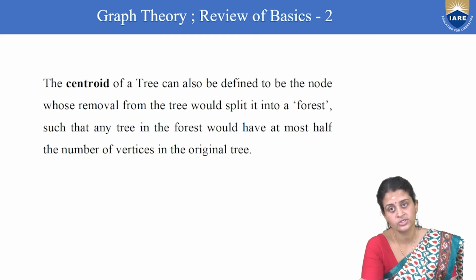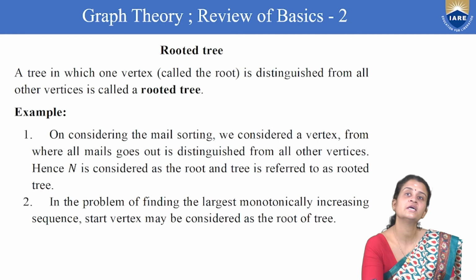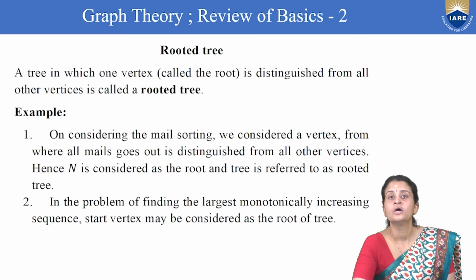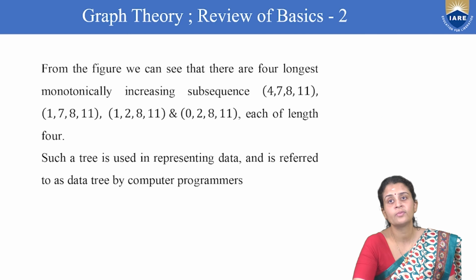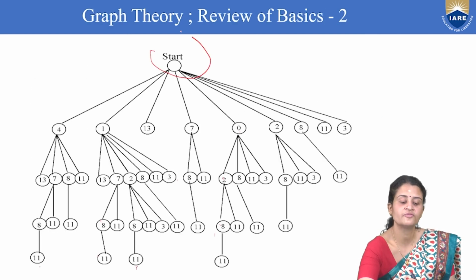Now we are going to some other important concept of trees. It is the rooted tree. What is a rooted tree? A tree in which one vertex is distinguished from other vertices is called a rooted tree. While we were considering this sorting problem, here this start vertex is different from all other vertices in this graph, right?